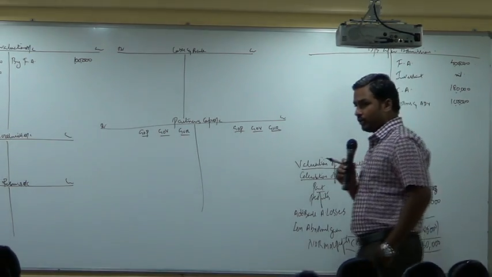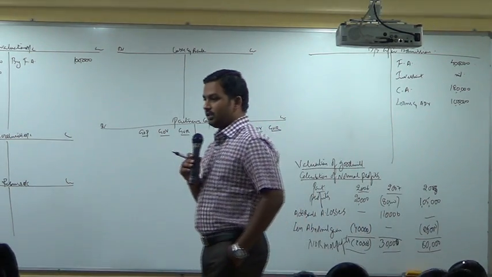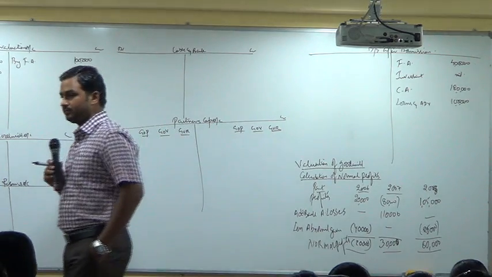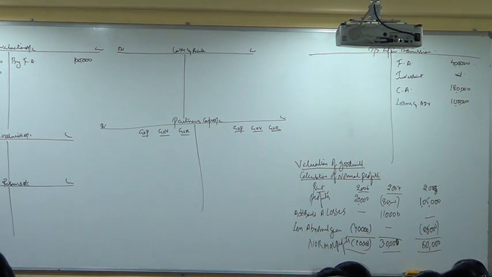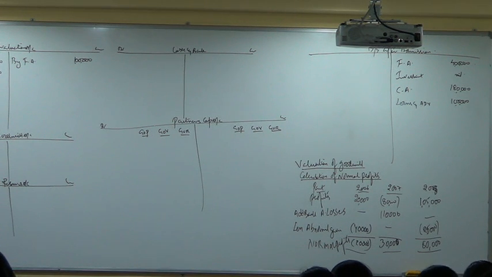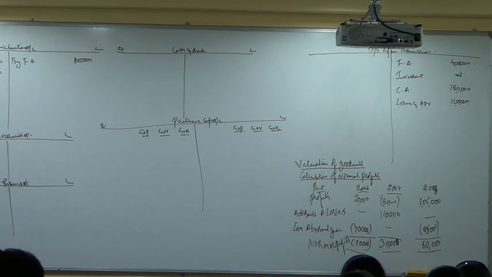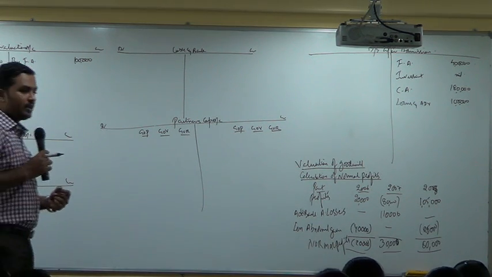Goodwill is equal to 2 years purchase of 3 years average profits. So goodwill is equal to, add those profits, 80 plus 30 minus 20, 90,000.